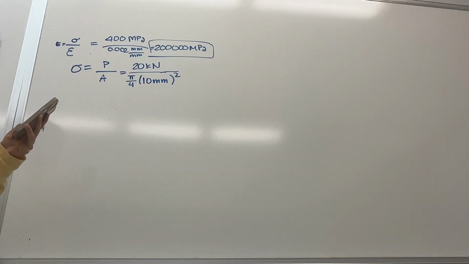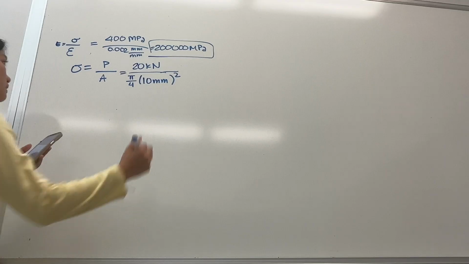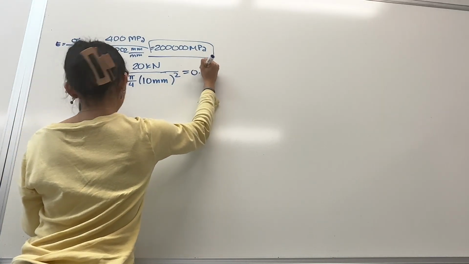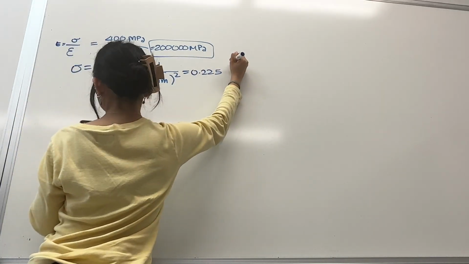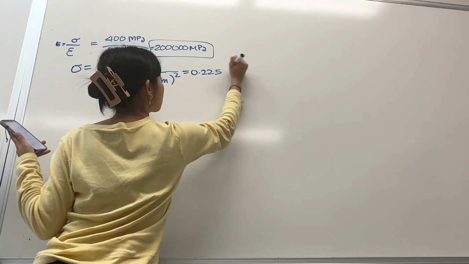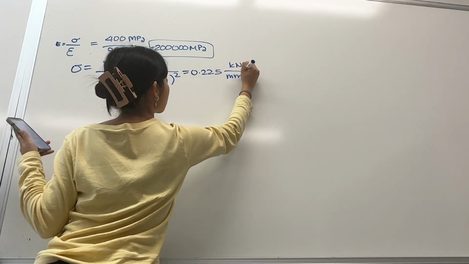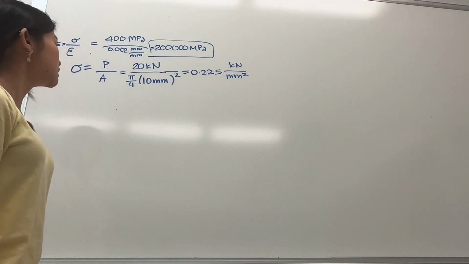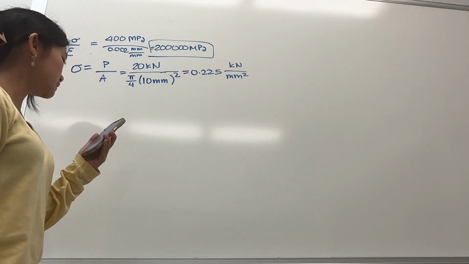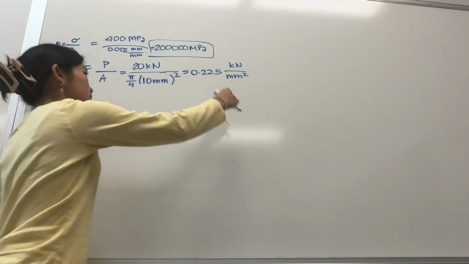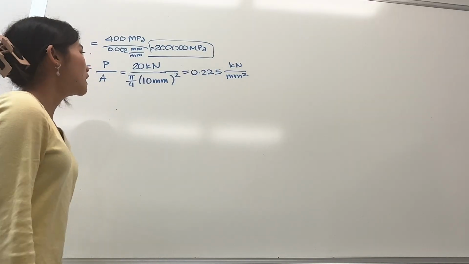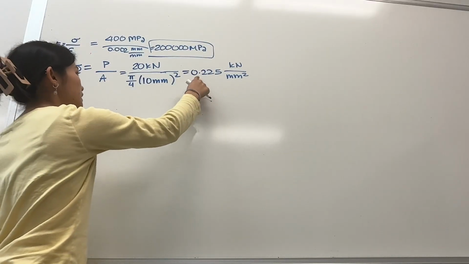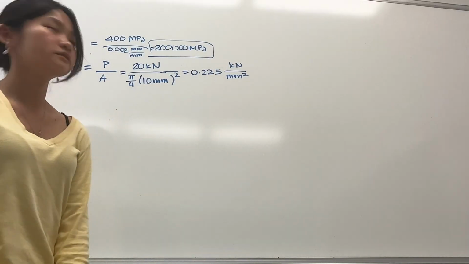And then solving that, we get 0.225 kilonewtons over millimeters squared. So if we want it in megapascals, we can convert kilonewtons to newtons, so we'd have to multiply by 1,000.